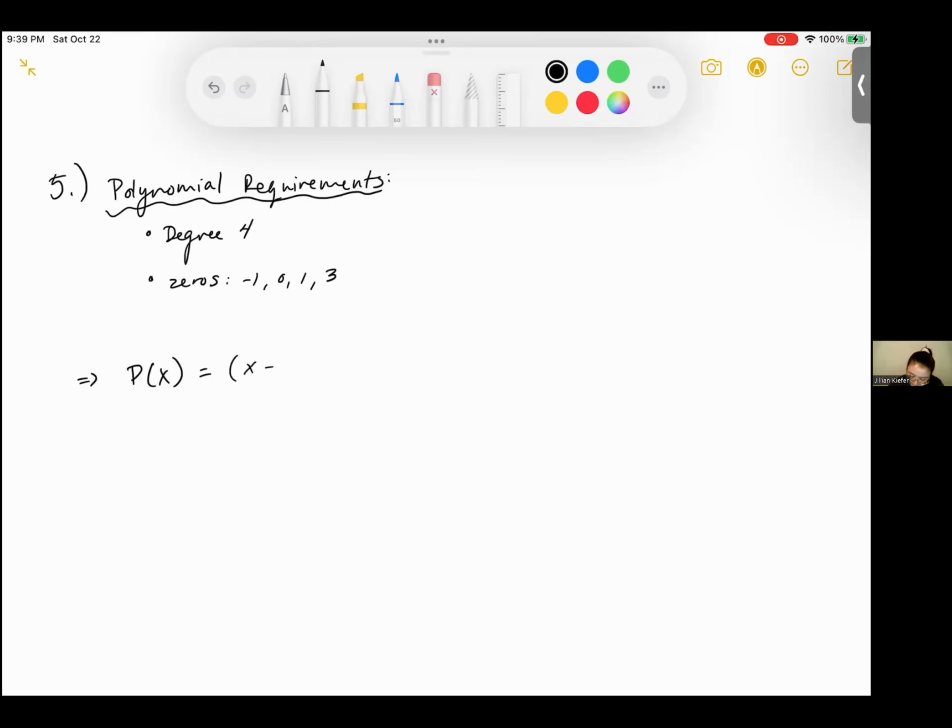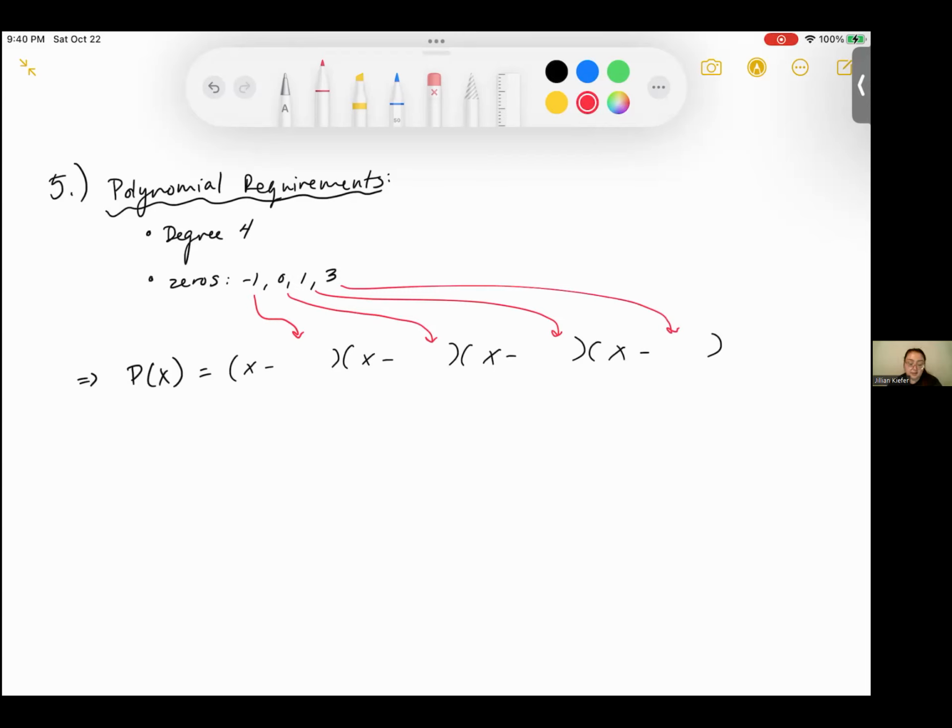So we've got x minus, leave a space, x minus, leave a space, x minus, leave a space, x minus, leave a space. Then you'll take each one and put it in that place that we left blank. So we get x minus -1, x minus 0, x minus 1, and x minus 3.